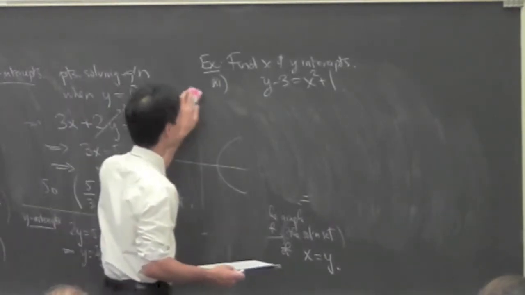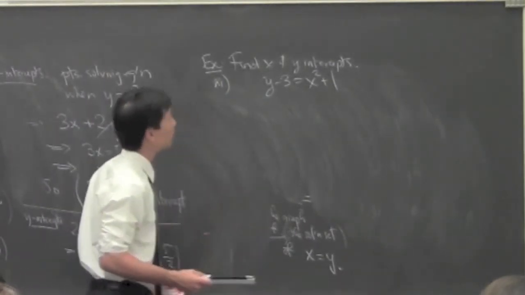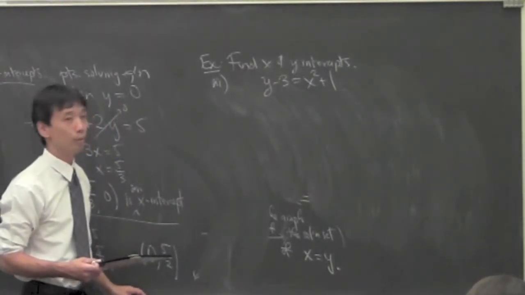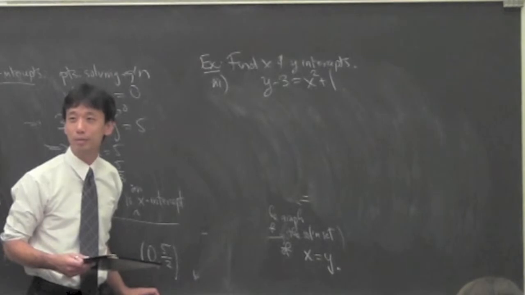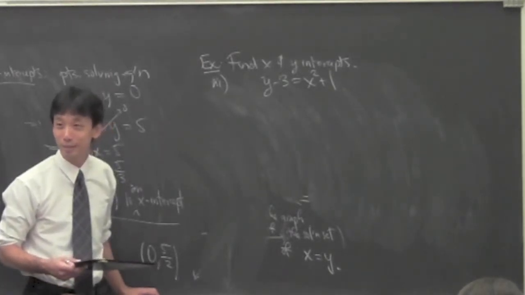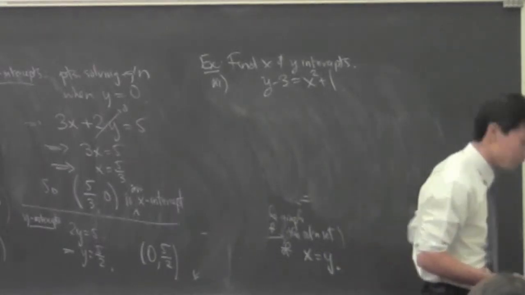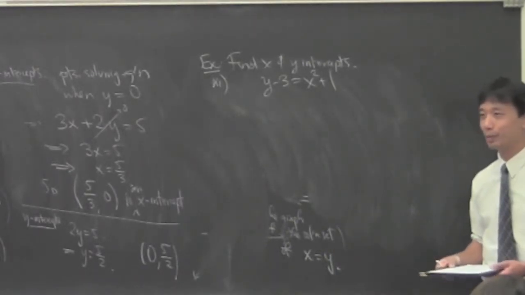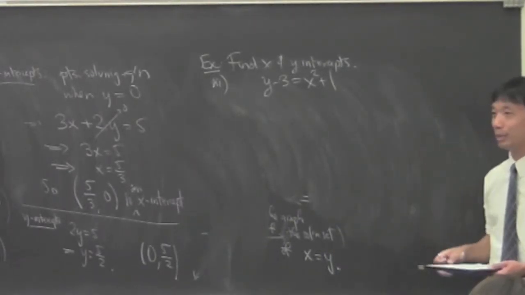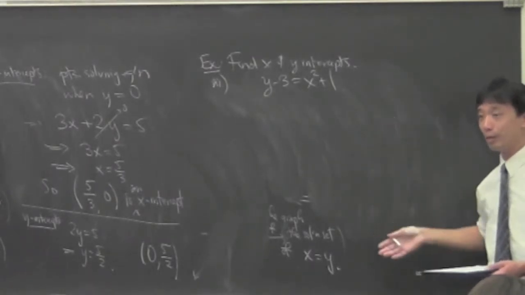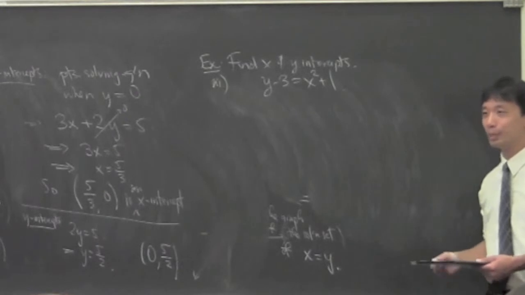I think that's basically what's going on here. Okay, yes. So it can't be like 2i. It can't be like 5. Okay, so in this course, we're not going to use imaginary numbers. So in the real numbers, there is no intercept.